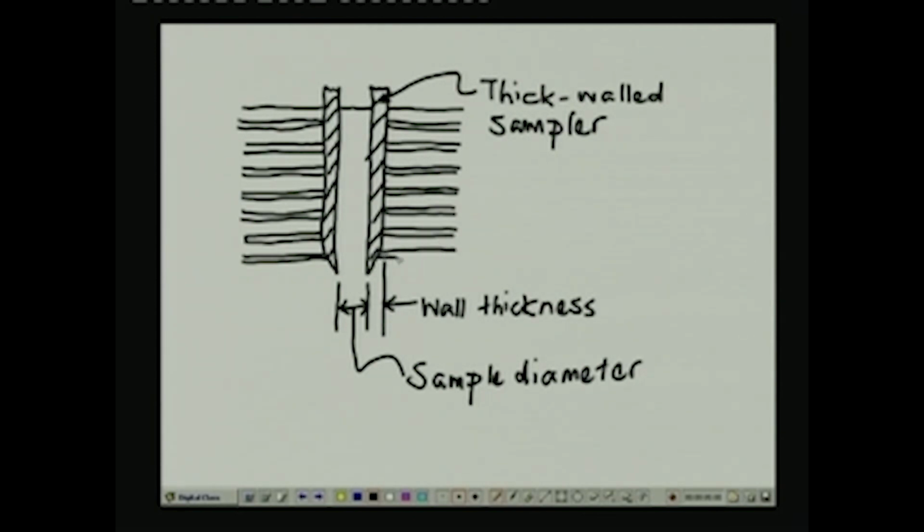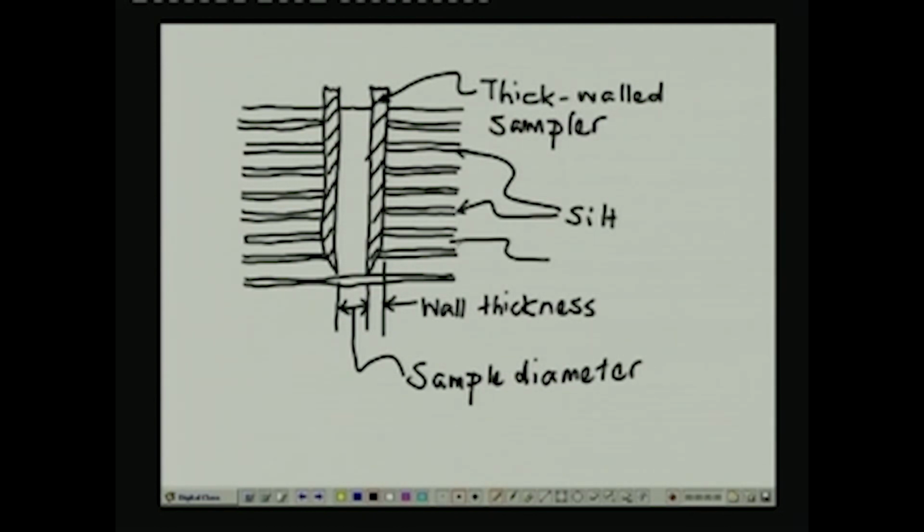So, let us say the deposit is like that, and these are all the silt layers, and the ones in between are clay layers. They are thin laminations, really a few millimeters thick.